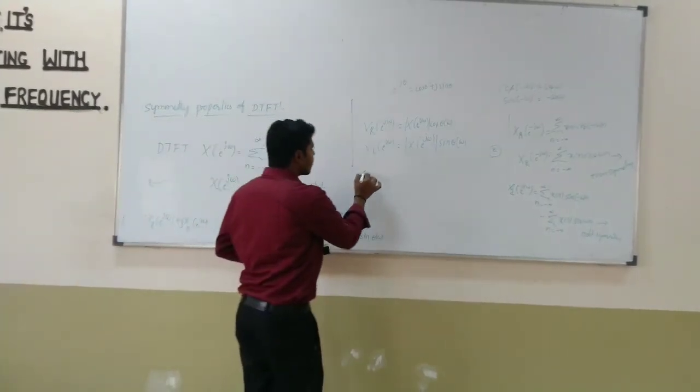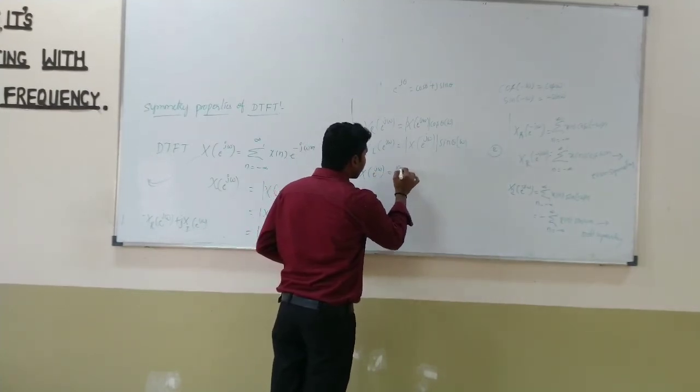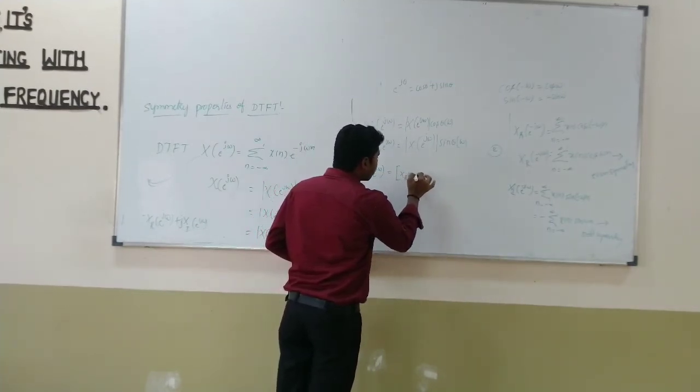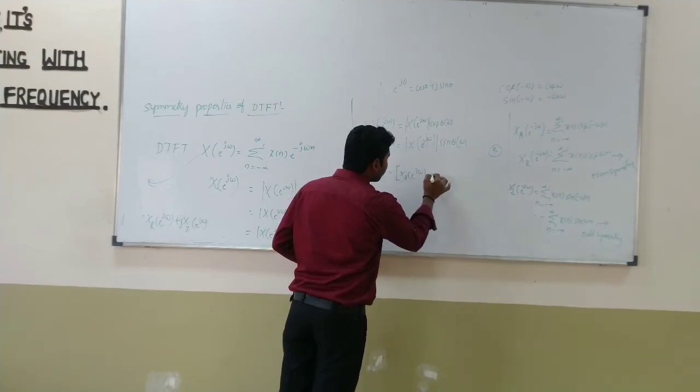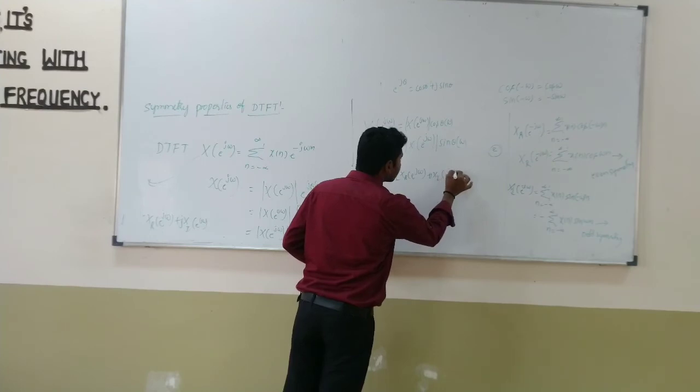Generally, if we consider X of e power j omega, it can be represented in rectangular format as X R of e power j omega plus j into X I of e power j omega.